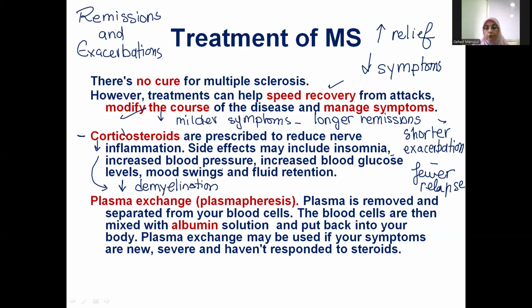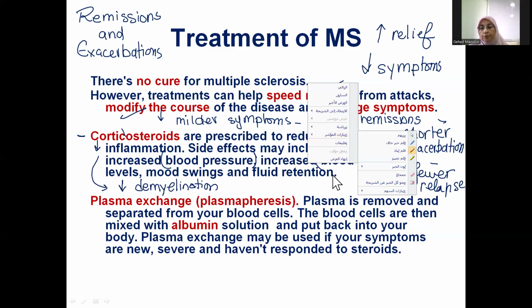But of course, as you know, cortisone raises the blood pressure and raises the blood glucose level, and therefore it might be contraindicated in people who are hypertensive, having elevated blood pressure, or people who are diabetic, having elevated blood glucose.